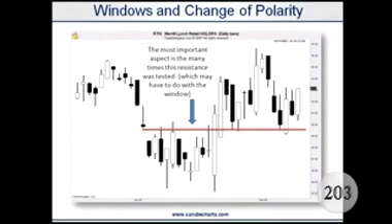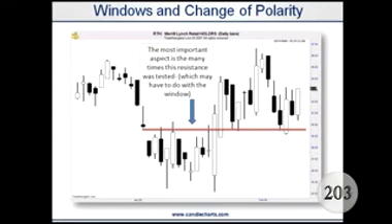But the point is that if you have a rising window and it's tested more than once, then we could use the change of polarity. If it's not, we don't. And the same thing with resistance. So here, for example, we have a falling window. We see how the falling window became a resistance area, right?